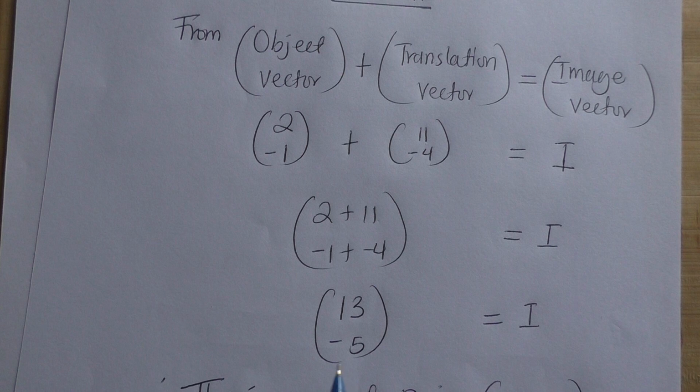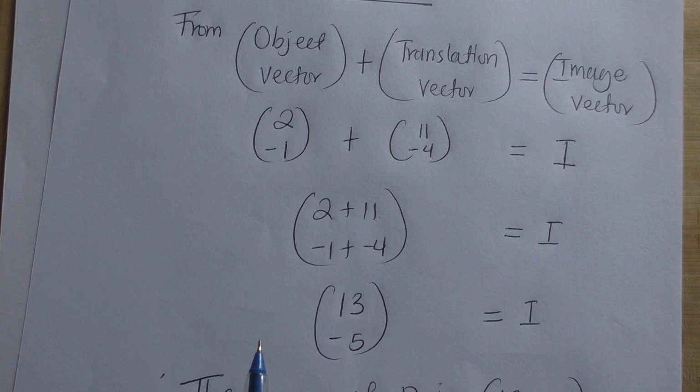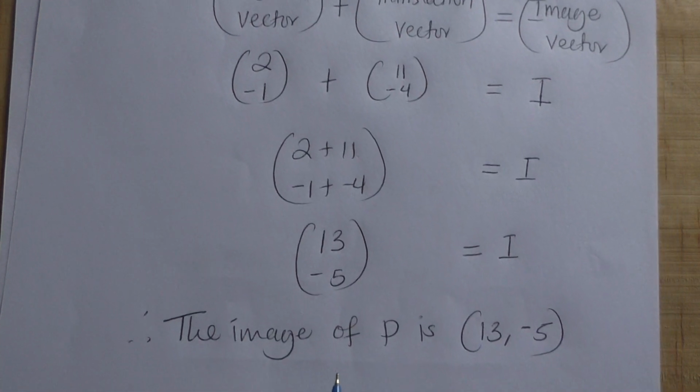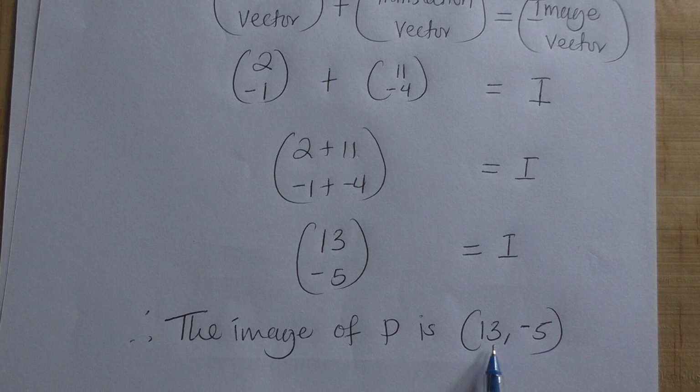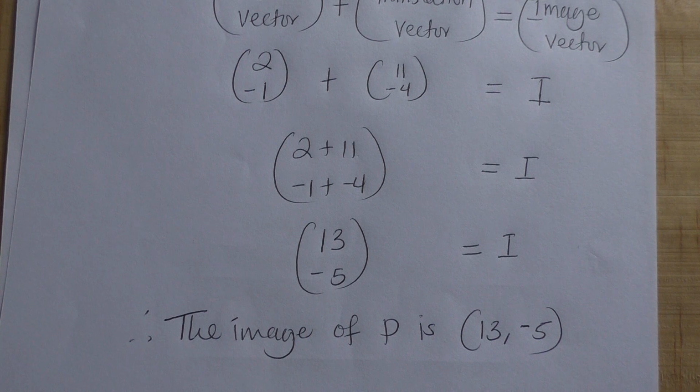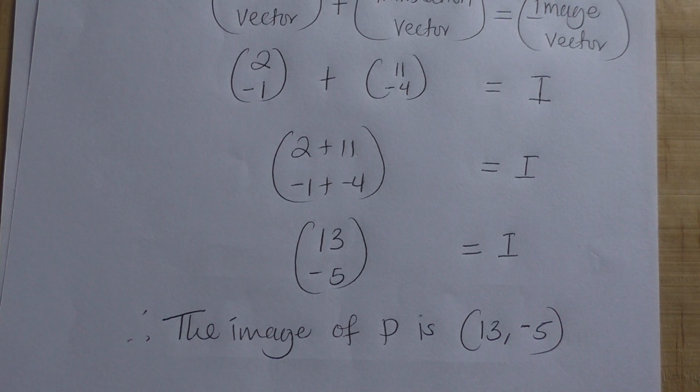And therefore, after getting the image vector, we shall be having the image of P. That is, the image of P is 13, negative 5. That is how we shall get the image of an object under a given translation.